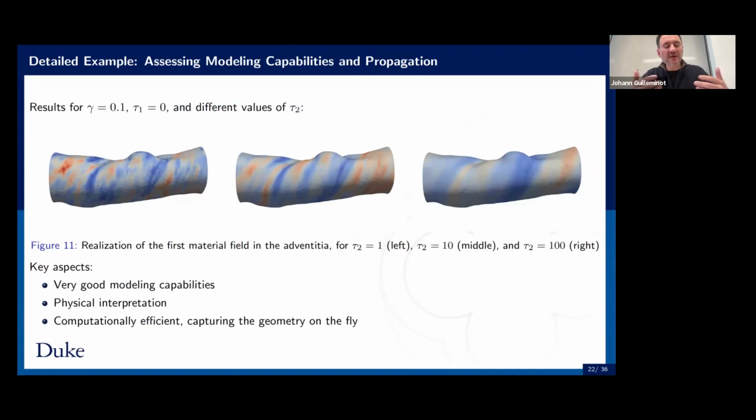So that we are truly talking about accounting for complex patient-specific geometry data on the fly in a reasonable amount of time. Now, this piece of artery is complicated, but it's small, right? If I were to simulate this on a much broader, larger domain, that would take more time. But still, it's very efficient.